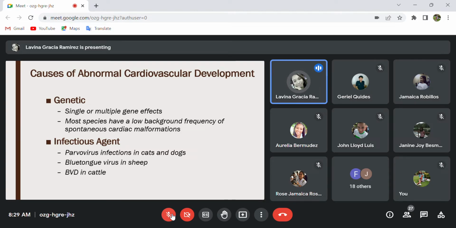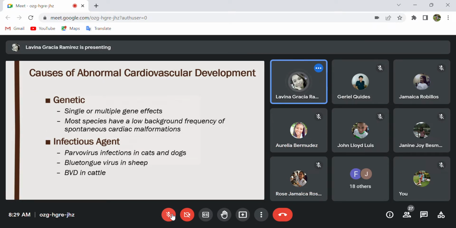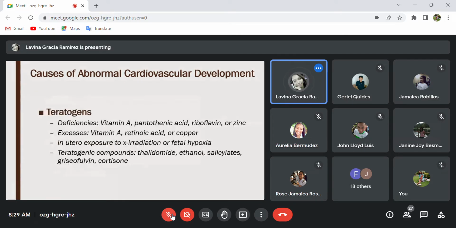And then of course, the last one is the teratogens. These teratogens may be due to a lot of factors. It could either be deficiencies in the nutrition or excess in nutrition, and some exposure to radiations. Other teratogenic compounds are chemicals, which could either be thalidomide, ethanol, salicylic, glycerophobin, or cortisone.